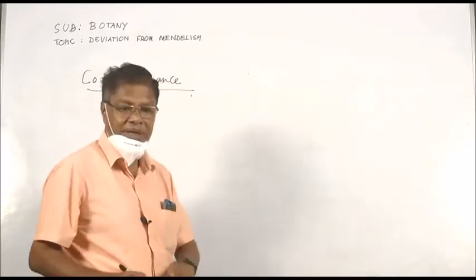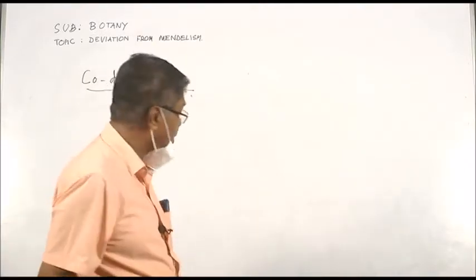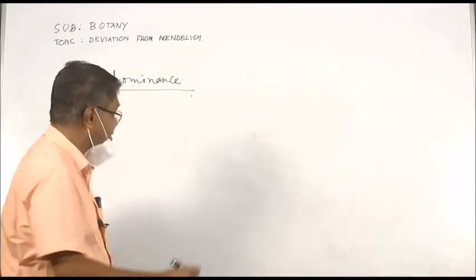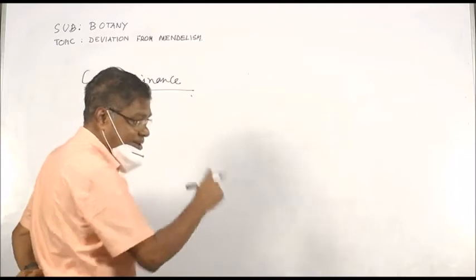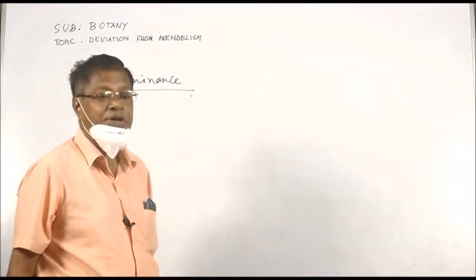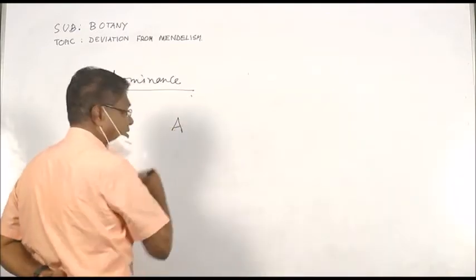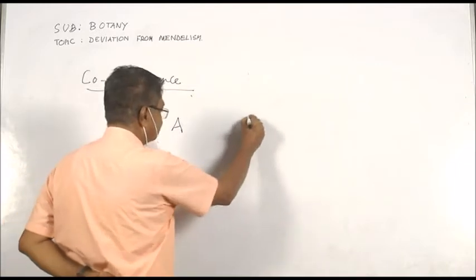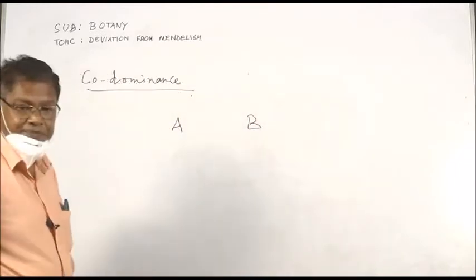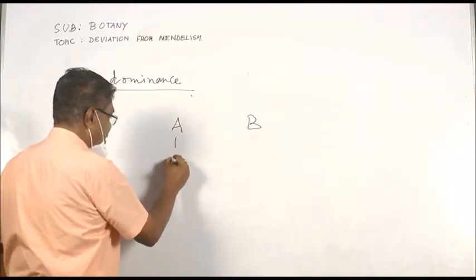Now, let us believe that this blood group is determined by a dominant gene, that is A, and the other dominant gene is B. Now, if A is there, it is blood group A.